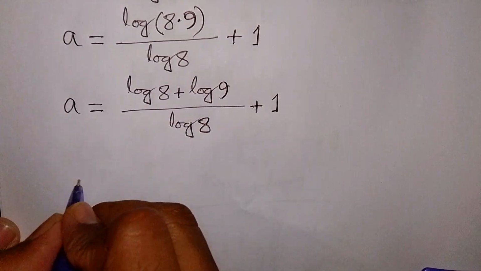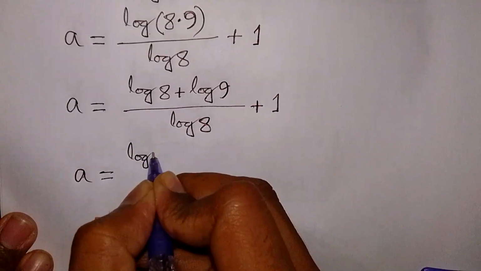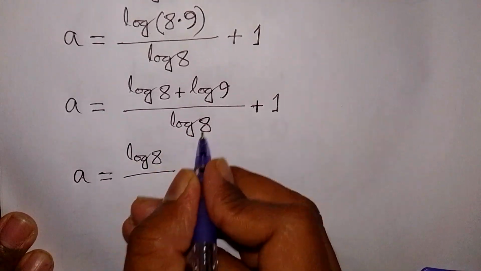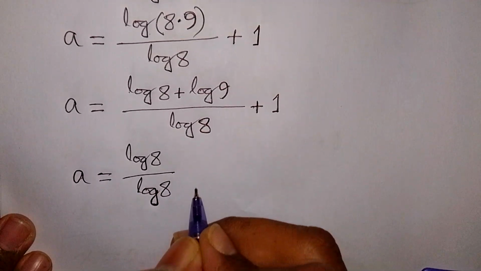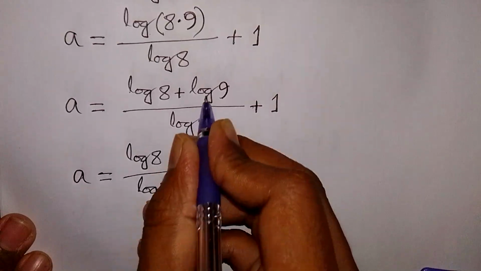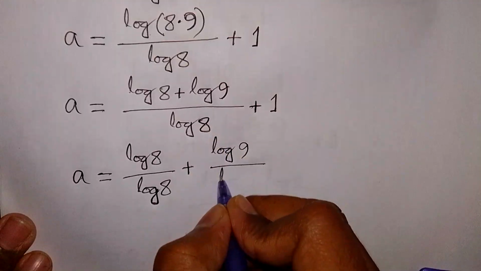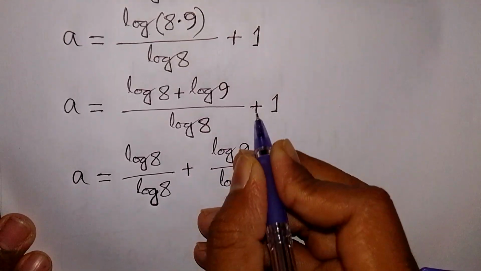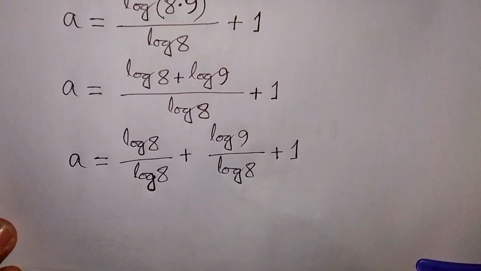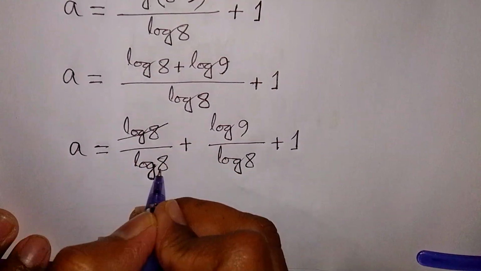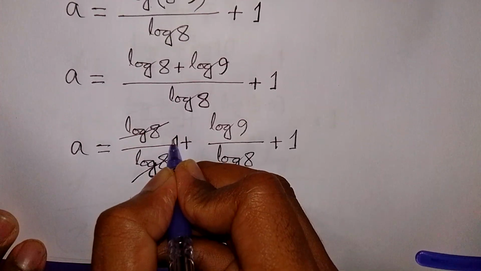In the next step, a will be equal to log 8 over log 8 plus log 9 over log 8 plus 1. This log 8 will be cancelled out. Here 1.